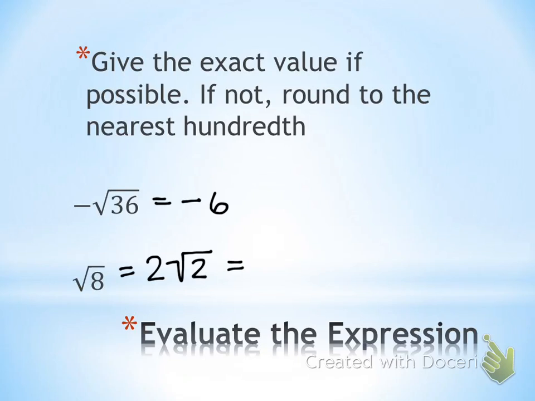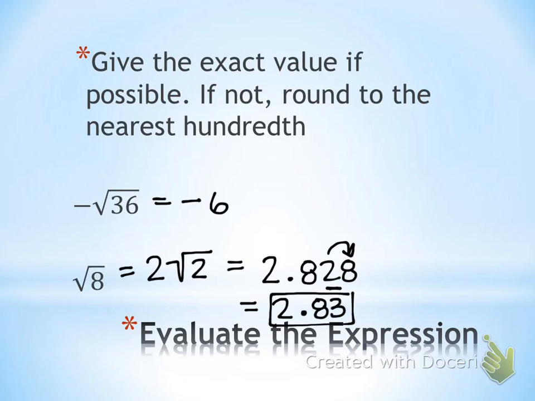So what you're going to see on your calculator is 2.828, and it keeps going, okay? But since I want to round to the nearest hundredth, I'm going to look at what's in my hundredth spot. 2, I look behind it to the 8, and I realize that I need to round up. So my answer is going to be 2.83. All right?